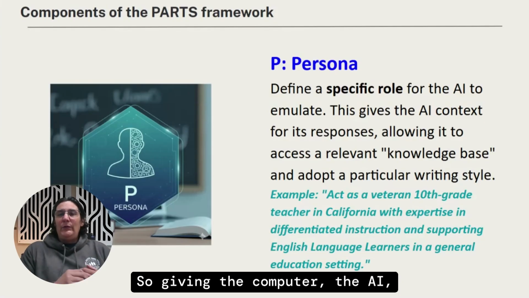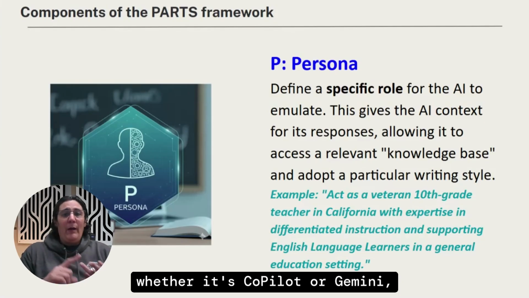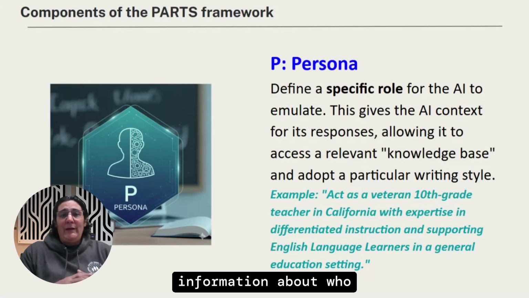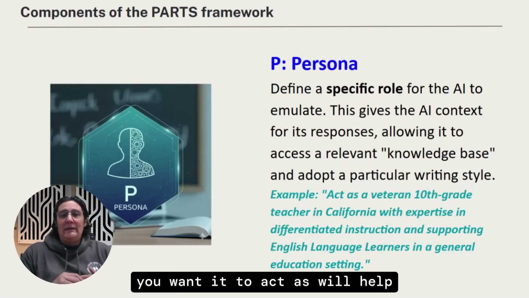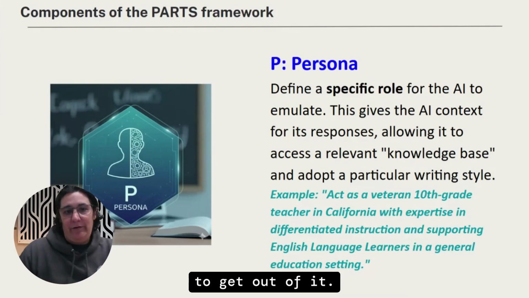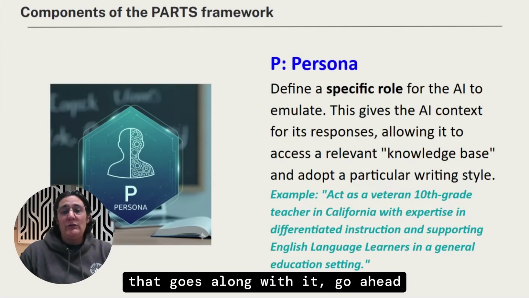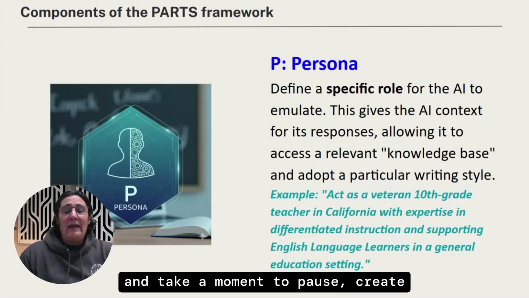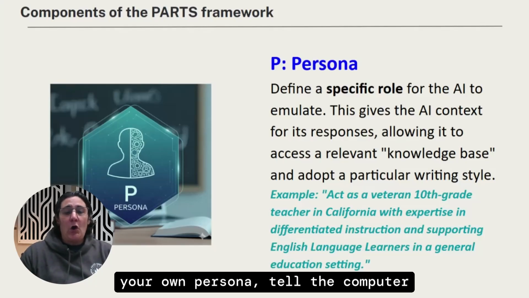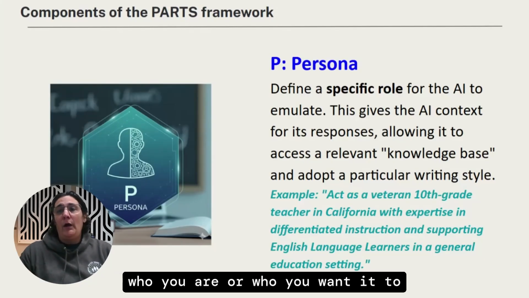So giving the computer, the AI, whether it's Copilot or Gemini, information about who you want it to act as will help with the output that you're going to get out of it. So that is persona. Again, if you have the worksheet that goes along with it, go ahead and take a moment to pause, create your own persona. Tell the computer who you are or who you want it to be as it creates an output for you.